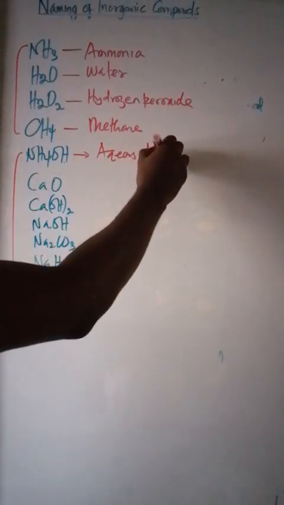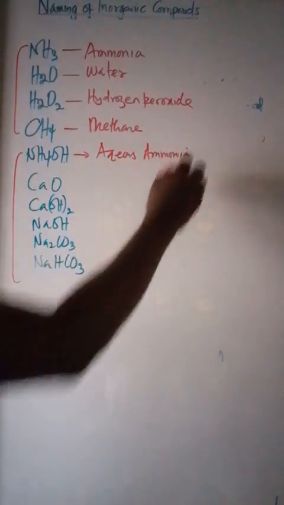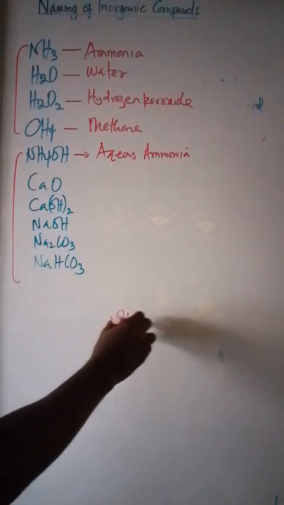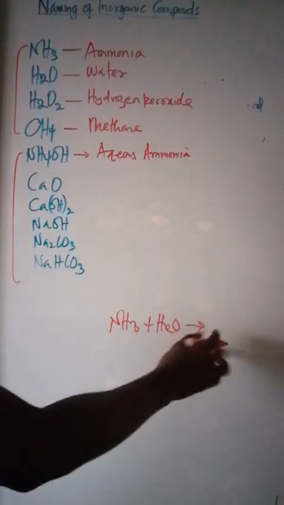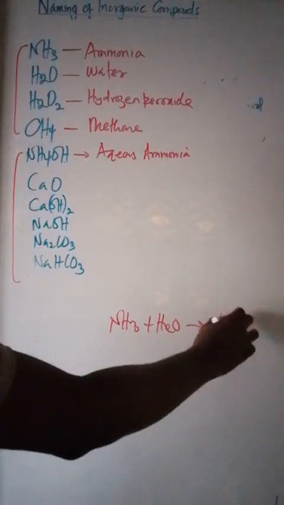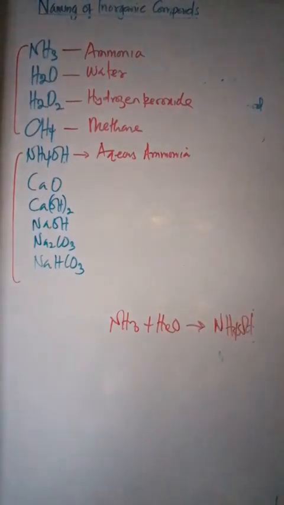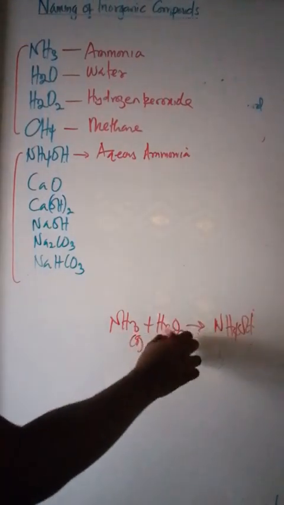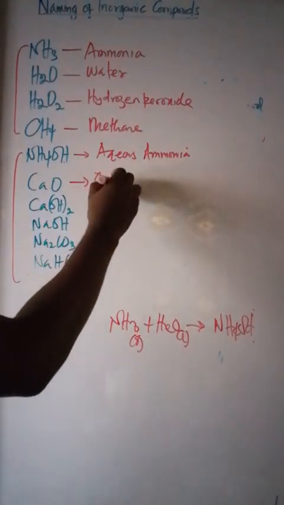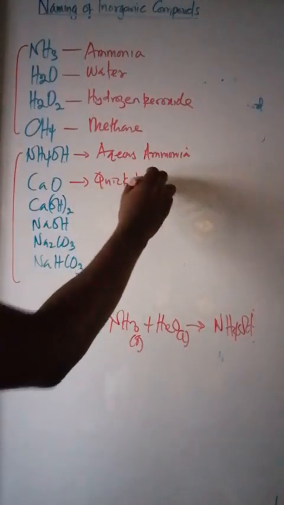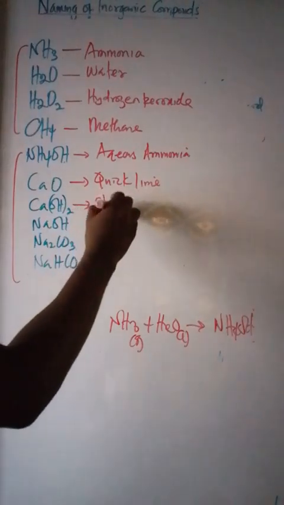Aqueous ammonia, meaning ammonia, which is a gas, when dissolved in water, due to the dative bond, we form what is called aqueous ammonia. So this is gas, this is liquid, you have aqueous ammonia. This one is called quicklime, while this is called slaked lime.